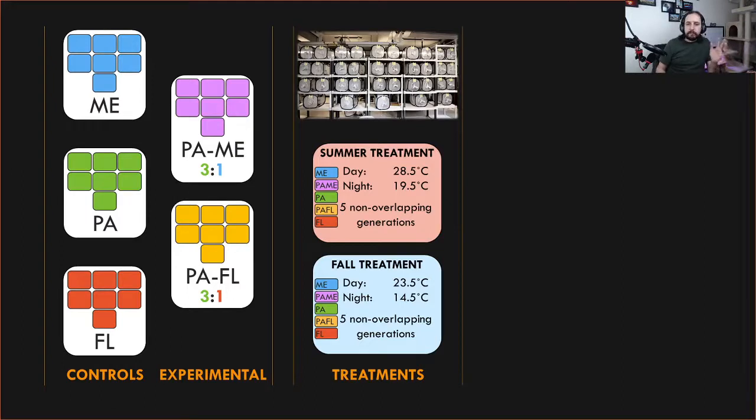But what will I compare my results to? I have before and after, but I need something else that I can compare after to after. So I created a summer treatment, because a season for a fly starts around June and ends around November.